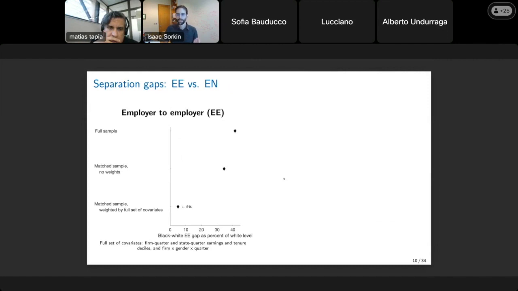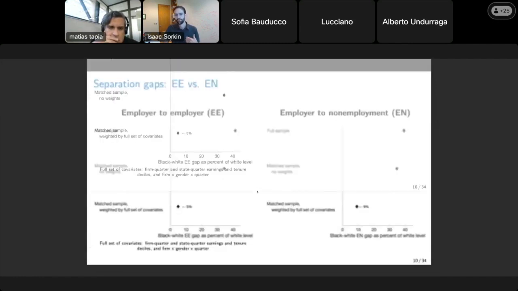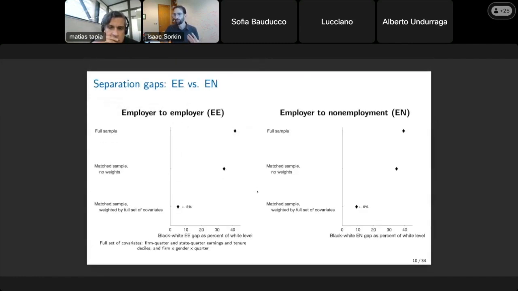For EE separations, the black-white gap is still about 5% of the white level. For EN separations, it's about 9% of the white level. So there's a bigger gap in EN separations than in EE separations, but there's still a gap in EE separations.